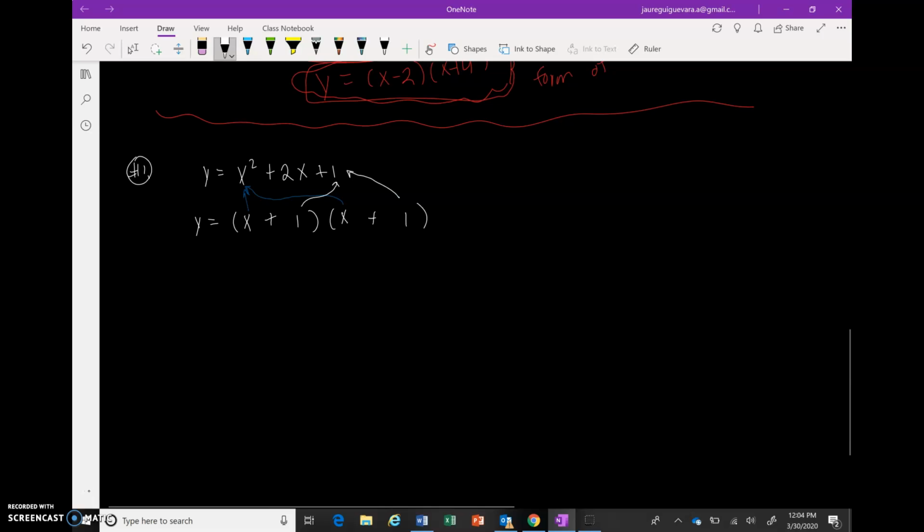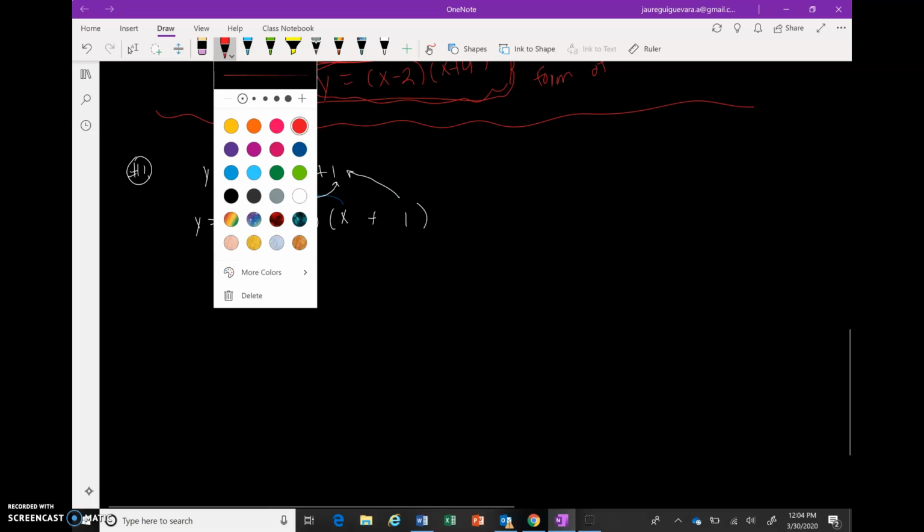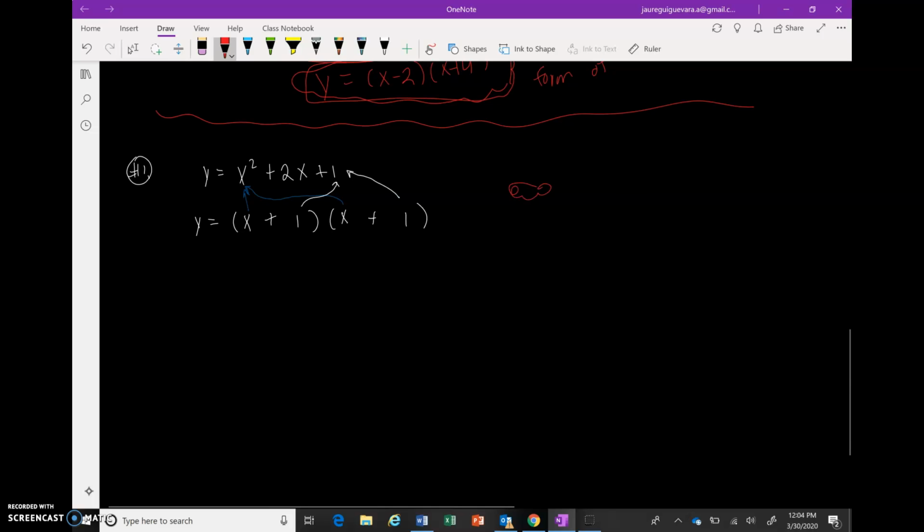Okay, and remember, I showed you a little way to check it, the rainbow thing, because you have two clouds and an upside-down rainbow, right? If you do 1 times x, it gives you 1x. X times 1 gives you 1x. Remember, 1 times x is the same thing as x.